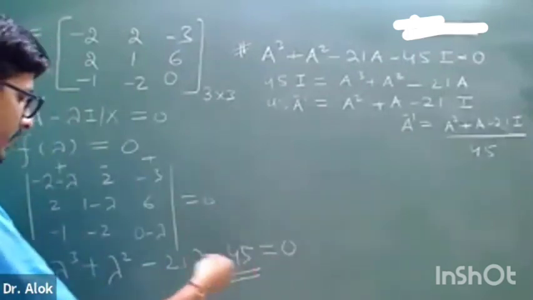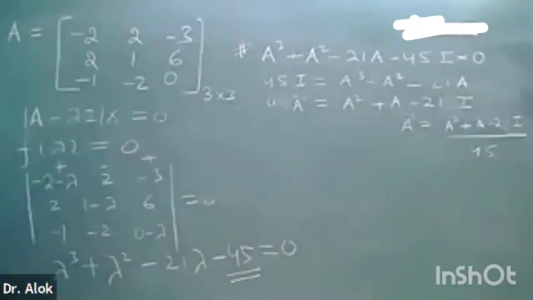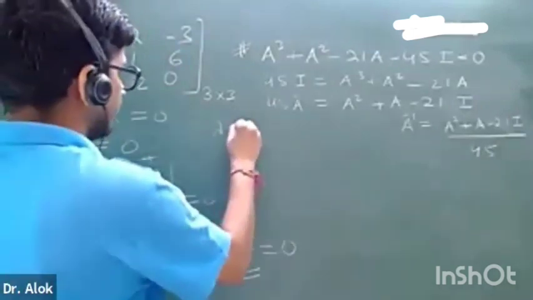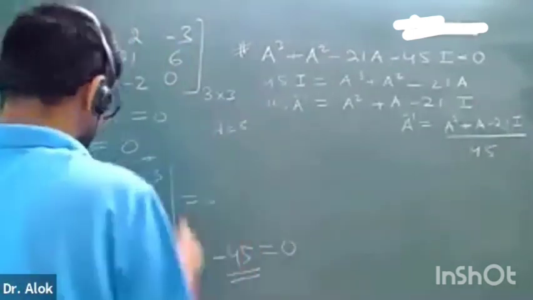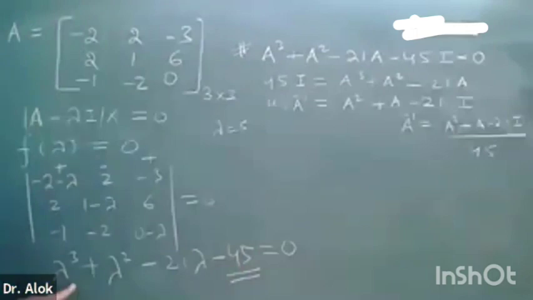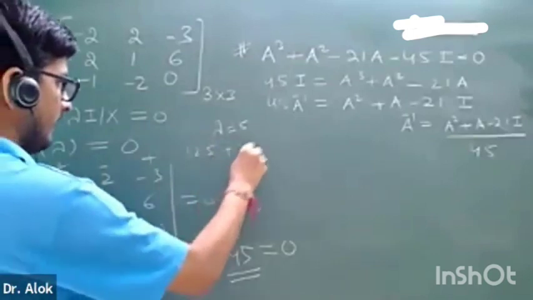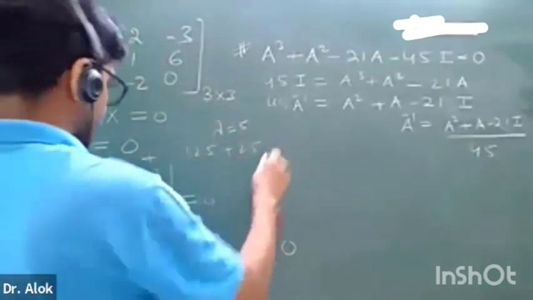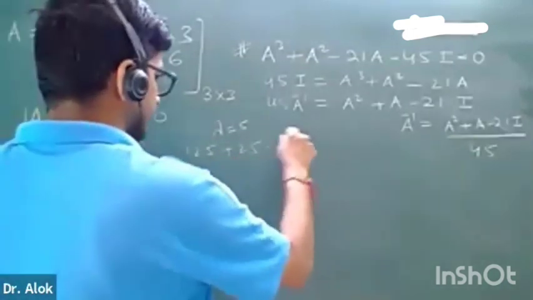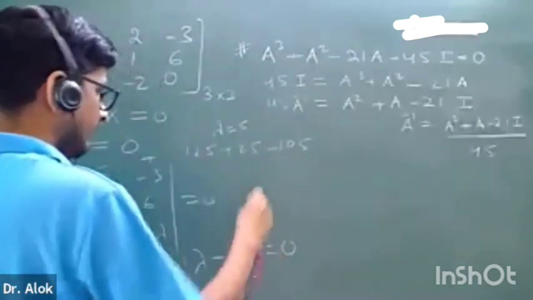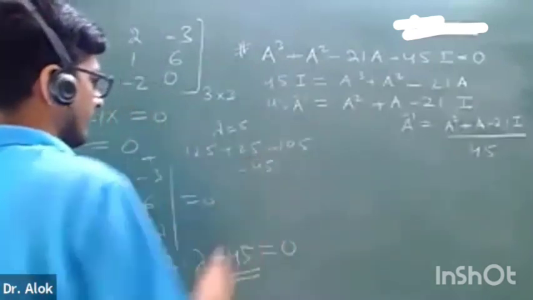There is a possibility of getting that as a factor. So we will check that because there is no other method. So suppose I first check 5. Is 5 one of the roots? So check 125 plus 25 minus 105 minus 45. Please check.